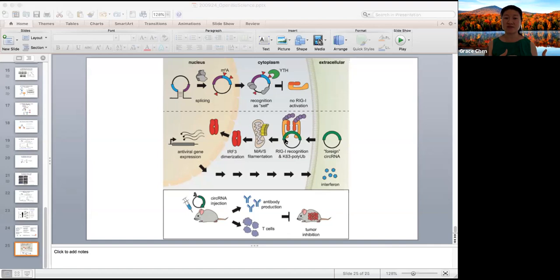She has now figured out that viruses have co-opted the system to evade immune surveillance, but their pattern of methylation is different from how endogenous circular RNAs are methylated. But again, there might be even another layer of response on the cellular side to further distinguish between self and non-self RNAs.